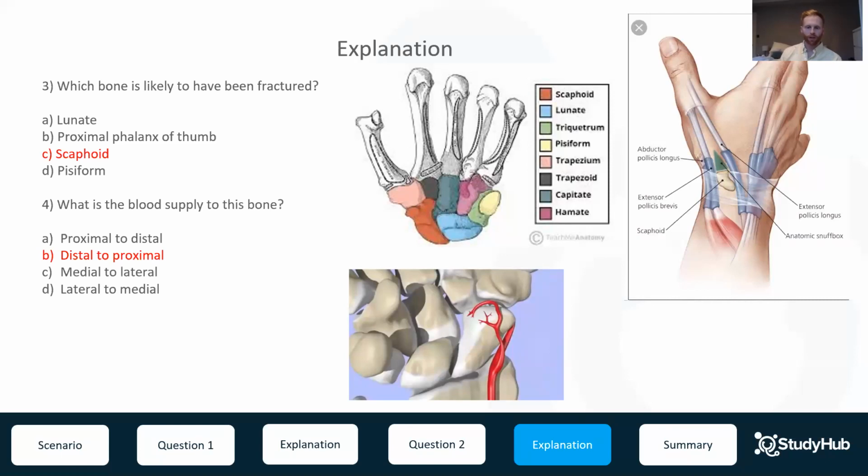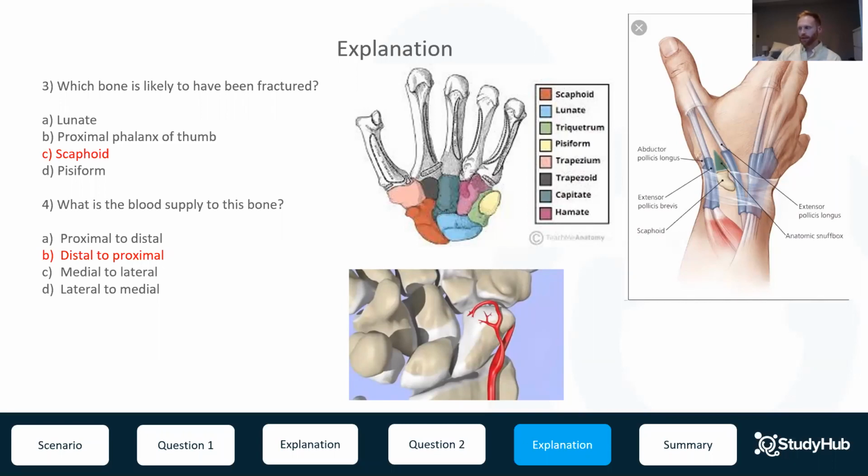And that bone will never recover, and patients are likely to get further complications. They'll get arthritis, it's just very nasty if it's missed. So it's really important that you're aware of the anatomy of the carpal bones, and where you might palpate for somebody to have this injury.